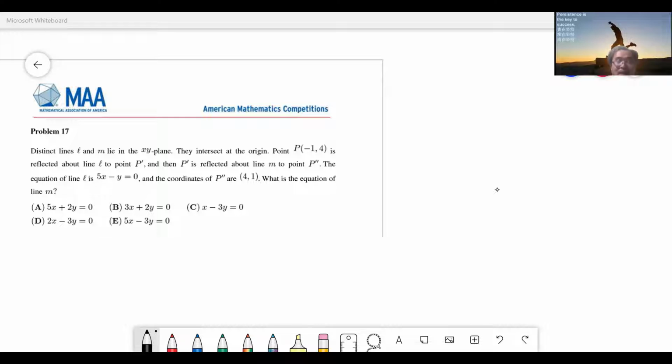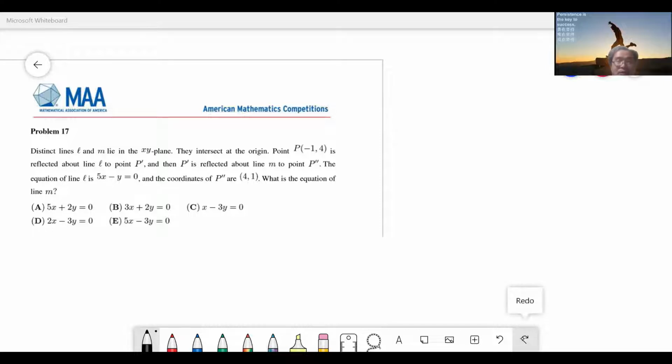And then P prime is reflected about line M to point P double prime. The equation of line L is 5x minus y equal to 0. And the coordinates of P double prime are (4, 1). What is the equation of line M?